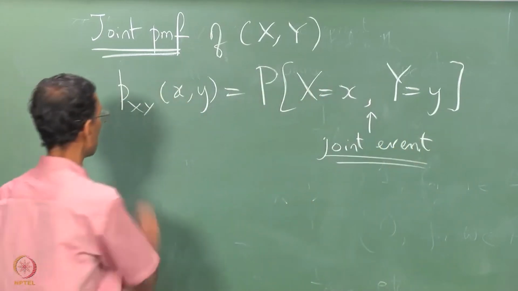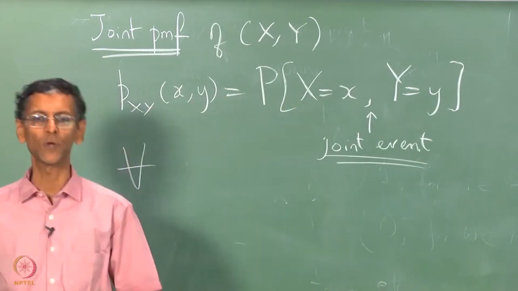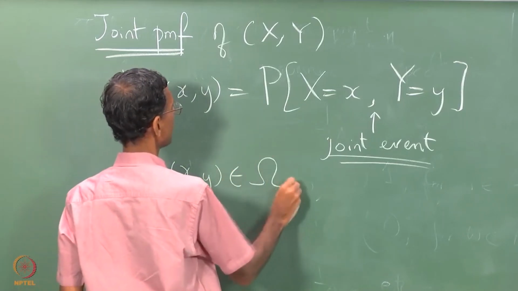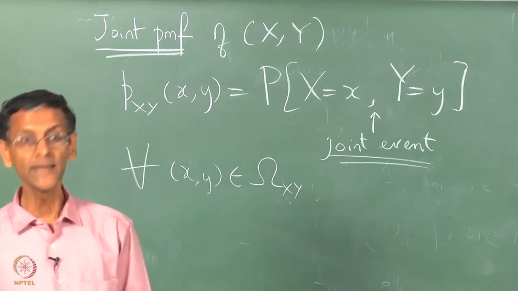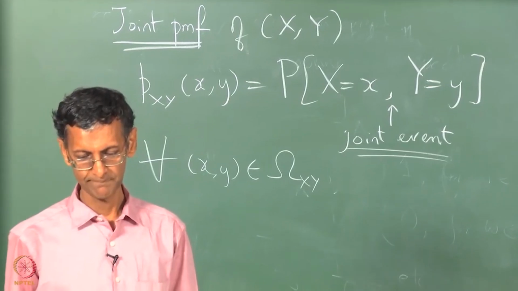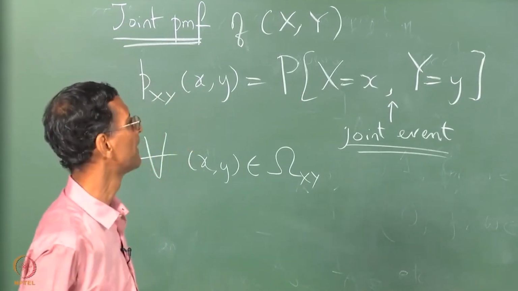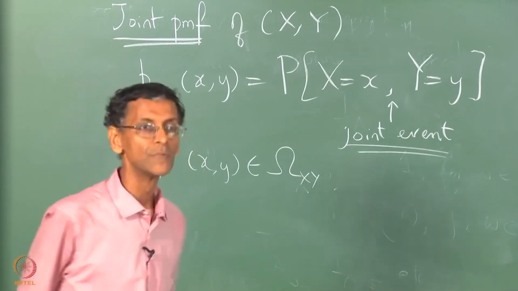And you repeat it for all x, y in the countable subset omega xy. If you do that, you specify the joint PMF of x and y. Okay.